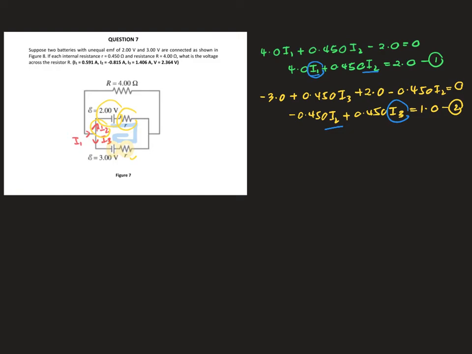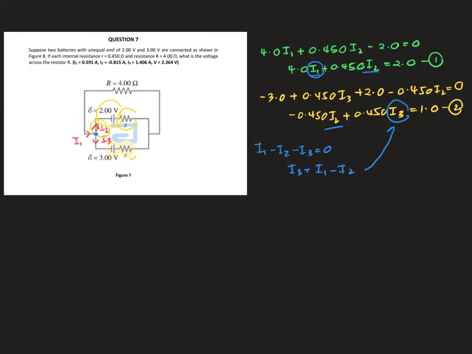But for me to do that, I need to come up with Kirchhoff's current law. So I'm going to choose this junction. It's going to be I1 into the junction minus I2 minus I3 equals 0. So to use the I3 here, I'm going to get I1 minus I2.